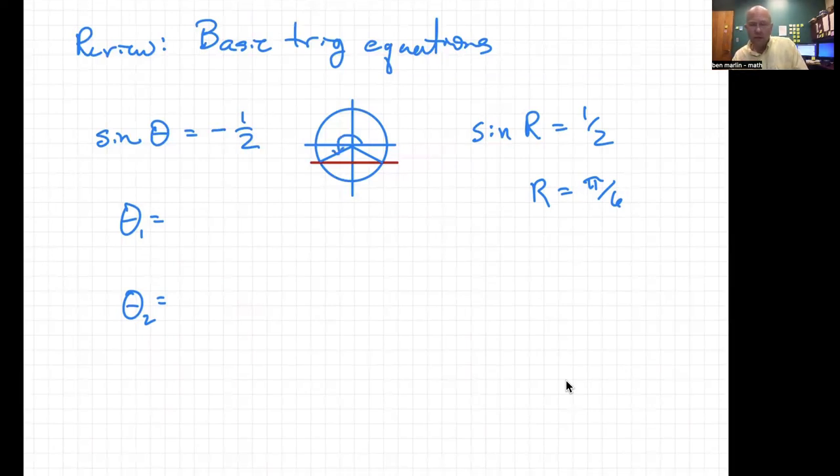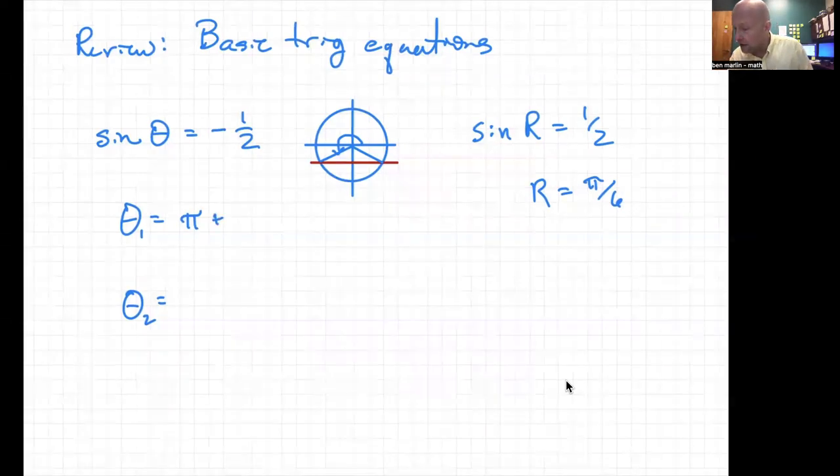Third quadrant, the first closest multiple of pi is 1 pi. So this is going to be pi. Because it is farther along, it is counterclockwise from the pi, it is pi plus pi/6. So you get 7 pi/6.